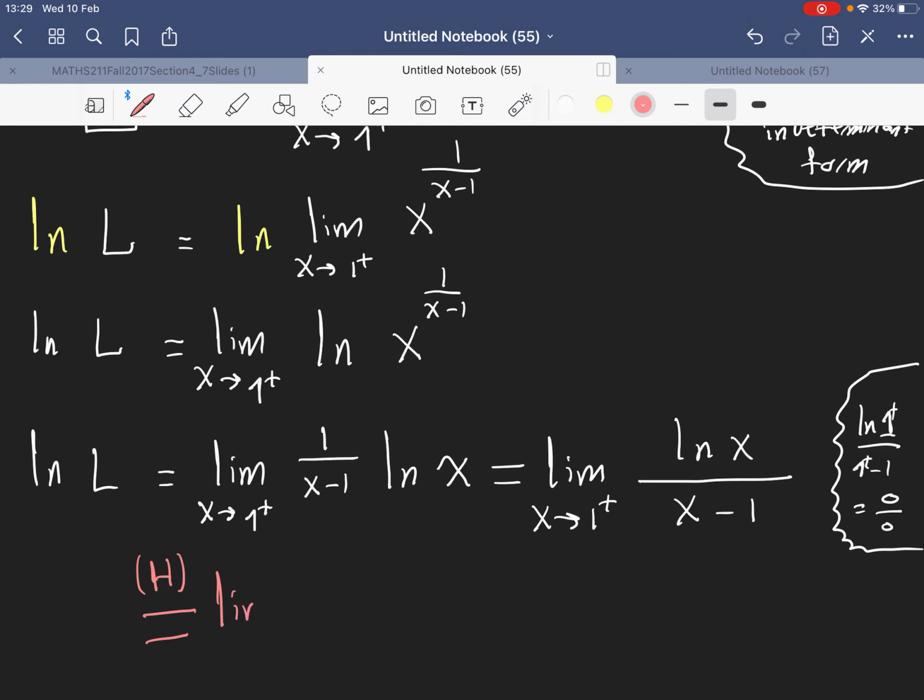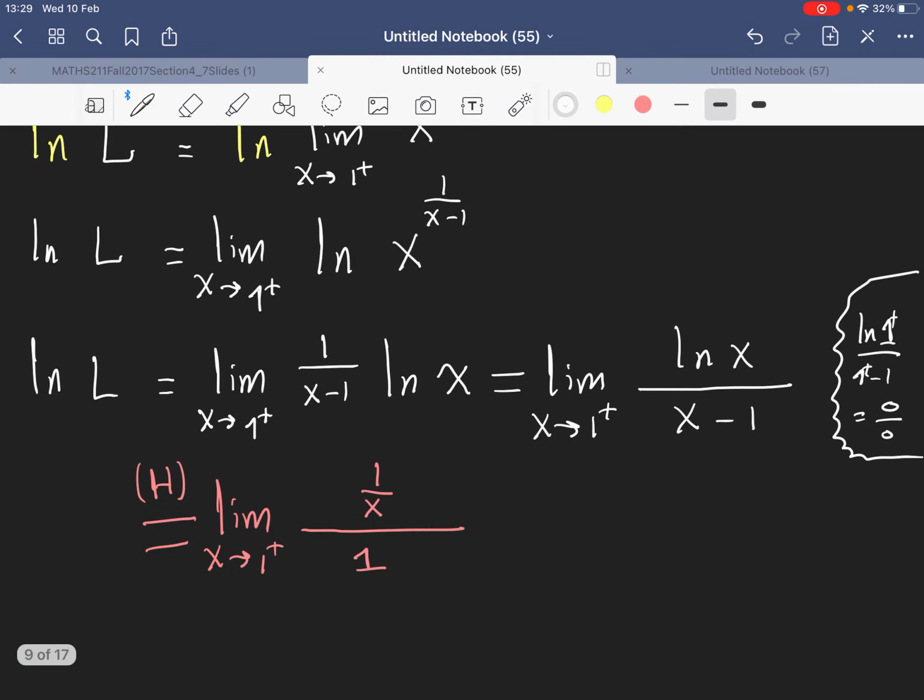We take the derivative of the numerator, which is 1 over x, and the derivative of the denominator, which is 1. Then we do direct substitution, and if you substitute 1, it is 1 over 1 over 1, so the answer is 1.